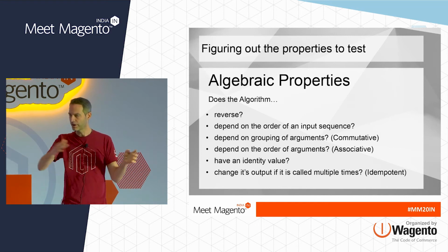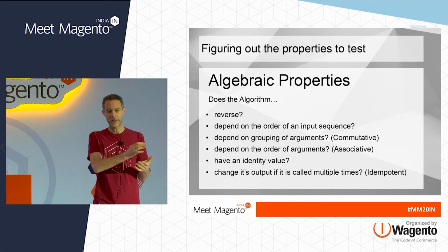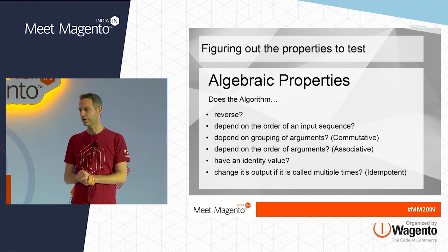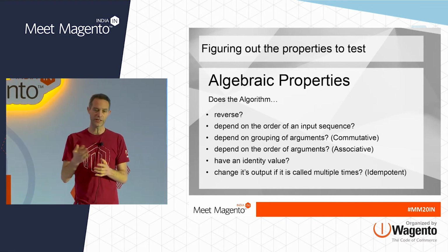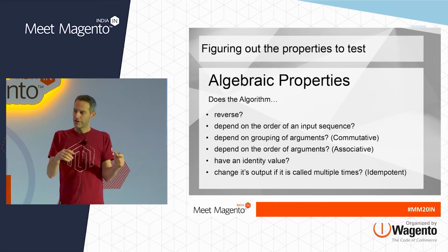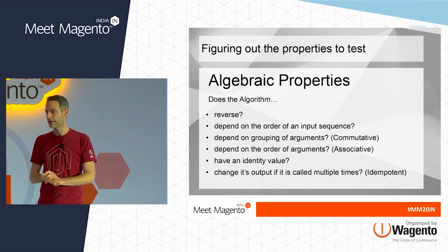Maybe the properties only apply if the array is in a certain structure, or it depends on the elements. But sometimes there are some interesting properties there. For example, sorting doesn't depend on it. Then I can take the input array, sort it, and then I can also sort the reverse of the input array, and the result still should be the same, right? That would be a nice property.